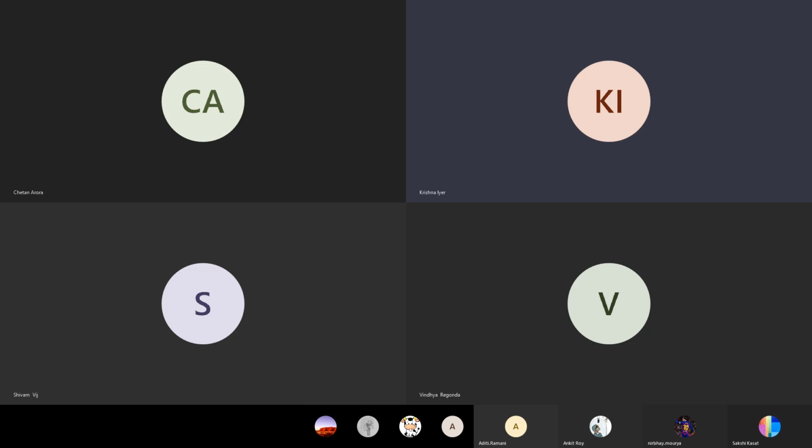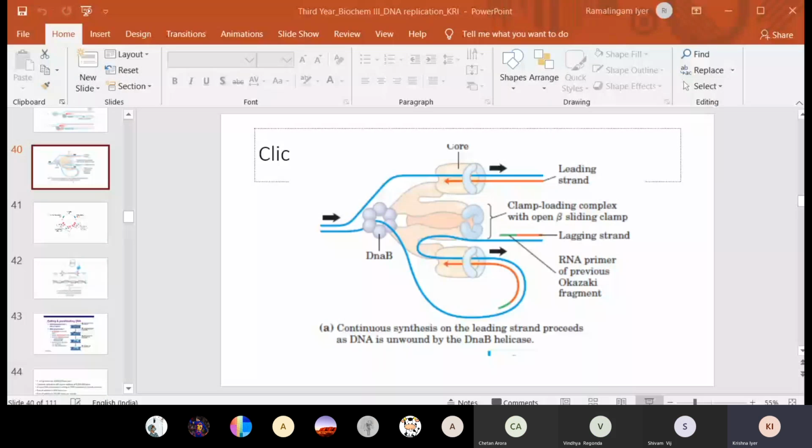Let me see, screen share. Okay. Can you see my screen?